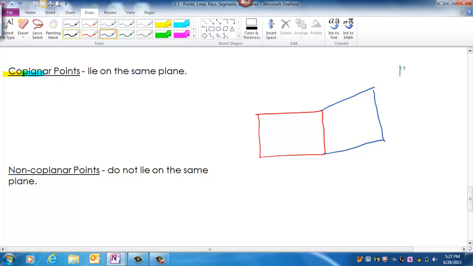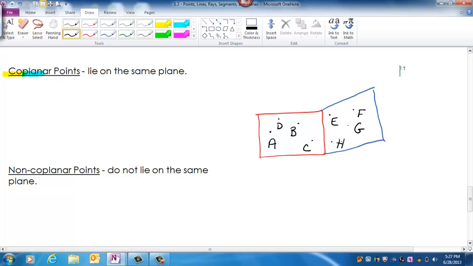And then let's put some points on both of these planes. So you have point A, point B, point C, and D. And then over here we've got, let's just do E, F, G, and H.